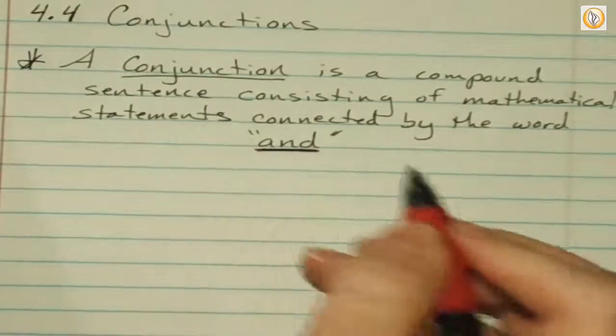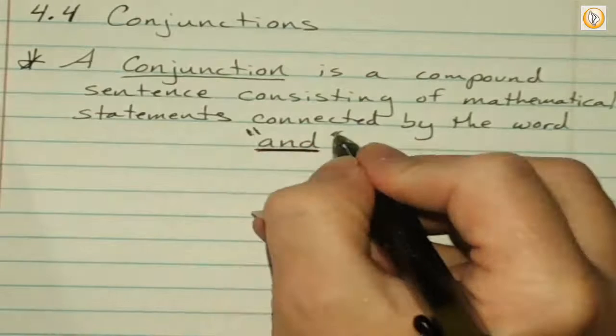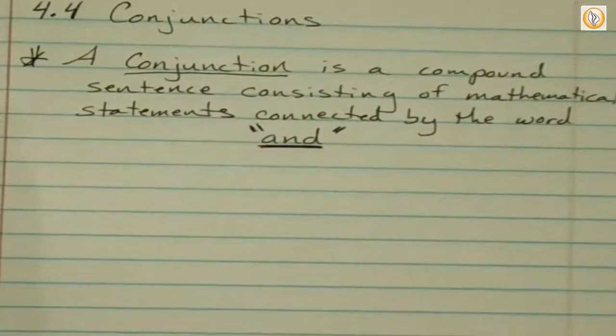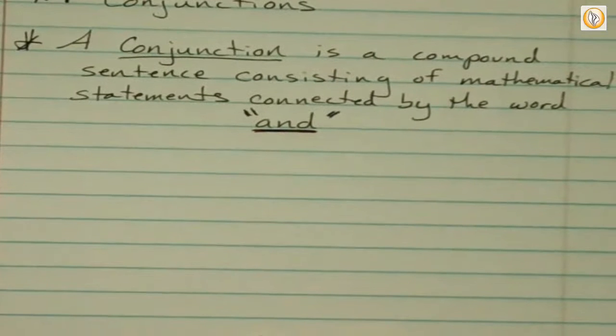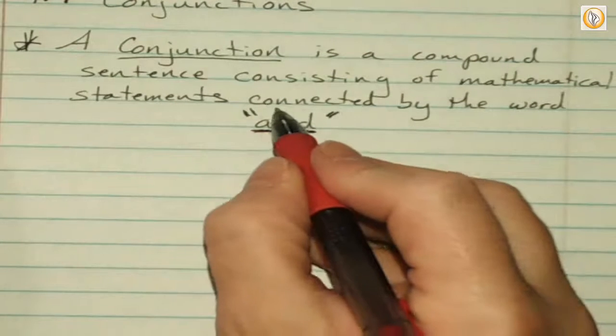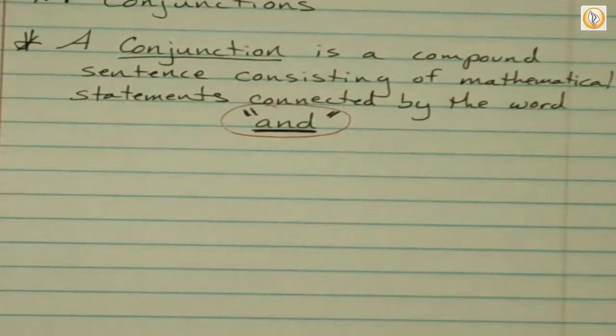So, a conjunction is a compound math sentence of mathematical statements connected by the word and. This is your key word. Okay?